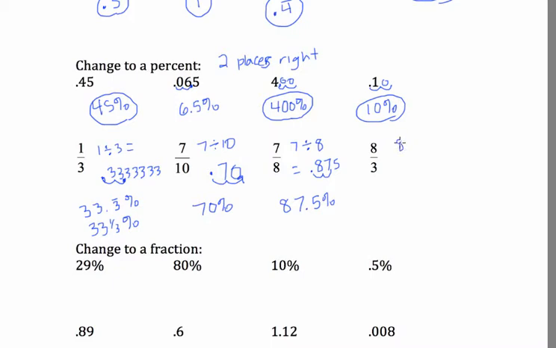I should get a number greater than 1. 8 divided by 3 is 2.6 repeating. To change to a percent, move your decimal place 2 places. 266.6 repeating percent. This piece right here, 0.6 repeating, that's the same as 2/3. So another way that people sometimes write this is 266 2/3%.